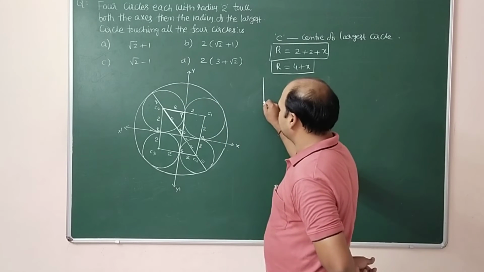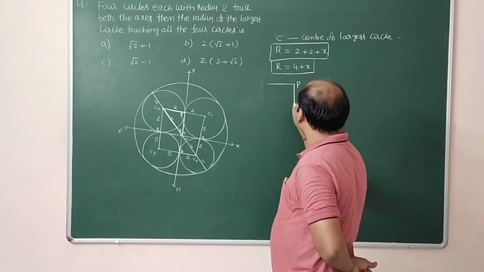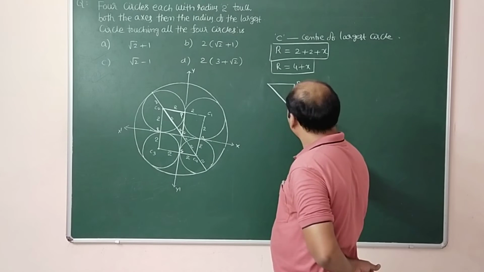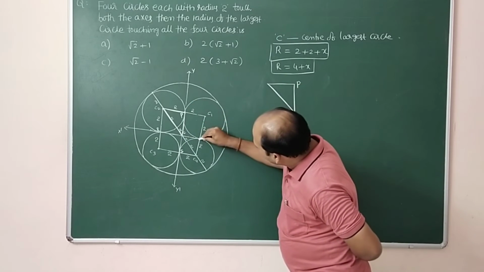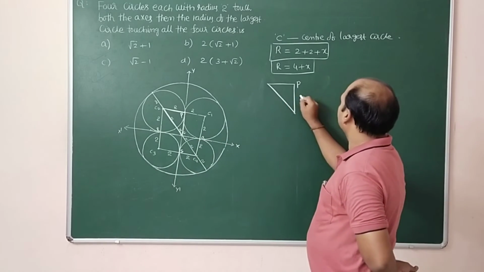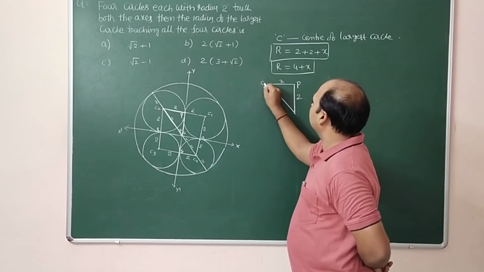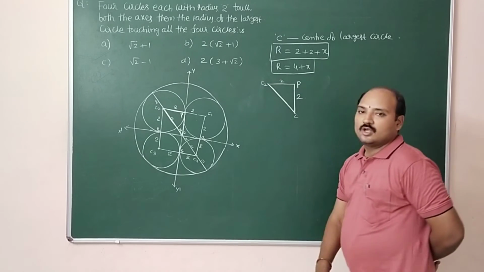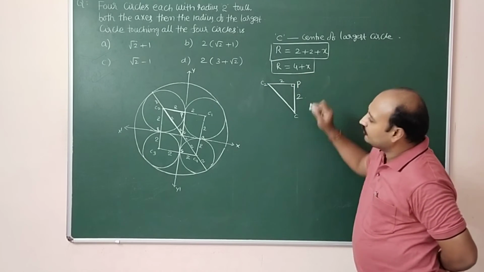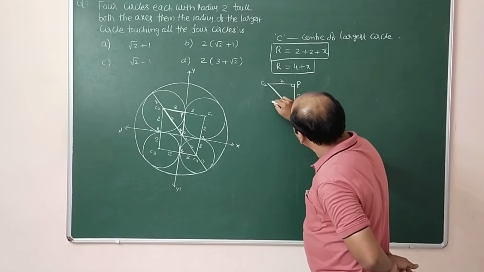Just the same diagram I am going to draw here separately. From here to here it is equal to the radius only, no? So from here to here it is 2, and from here to here is also 2. This is C2. This is C. This is a right angled triangle. This is 2 plus x.